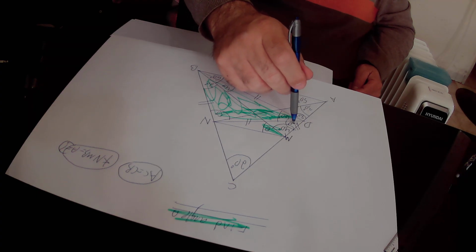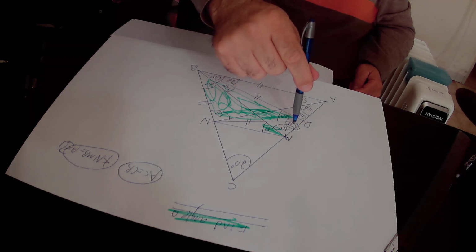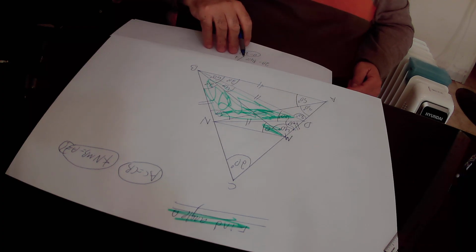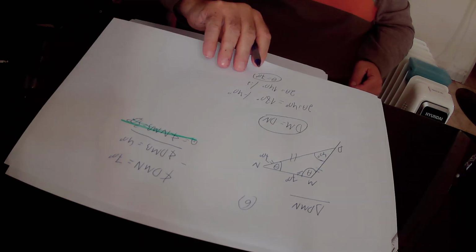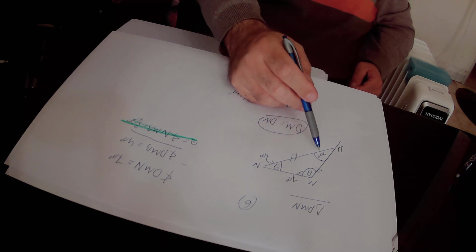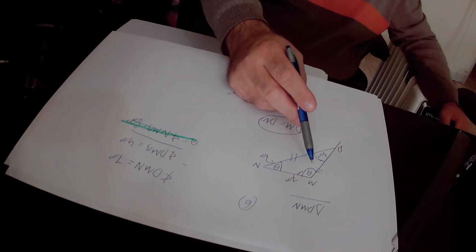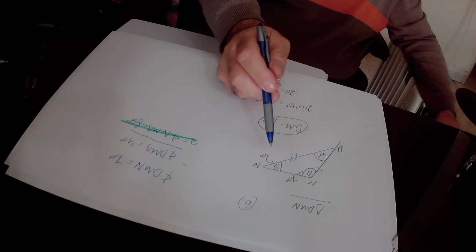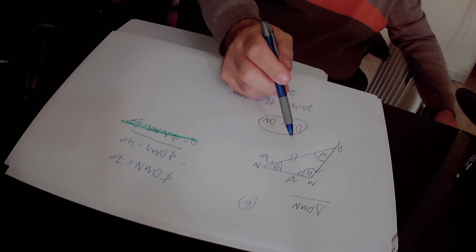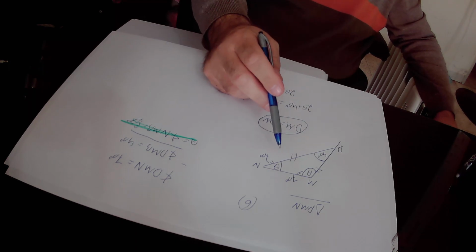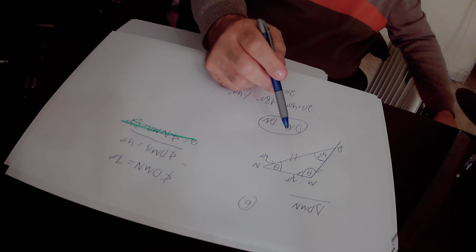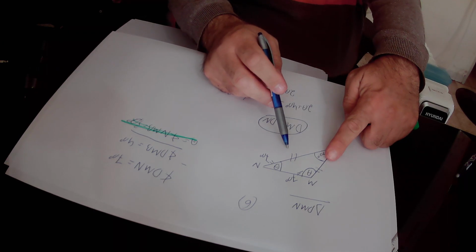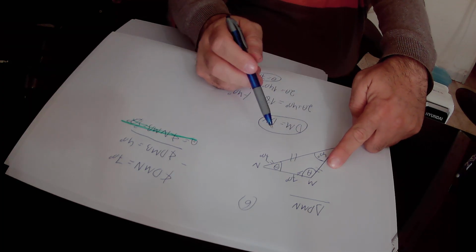We found out already that angle DMB, this angle, equals 40 degrees according to the rule that the sum of the angles on one side of a straight line is equal to 180 degrees, and DM equals DN.